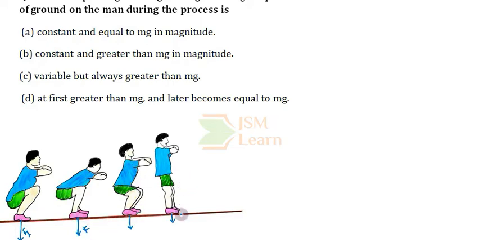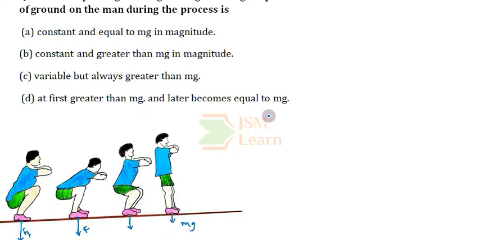And finally, when he stood up on the ground, the force acted by the man by his shoes on the ground is equal to mg, which is equal to his weight. So the force exerted by his shoes on the ground in the final position when he stood up is mg.